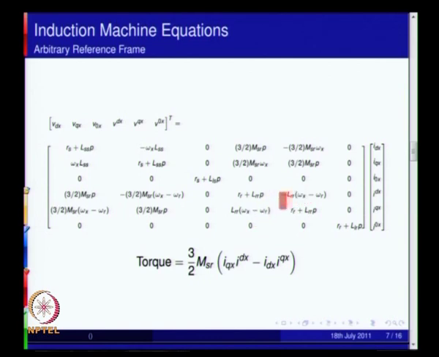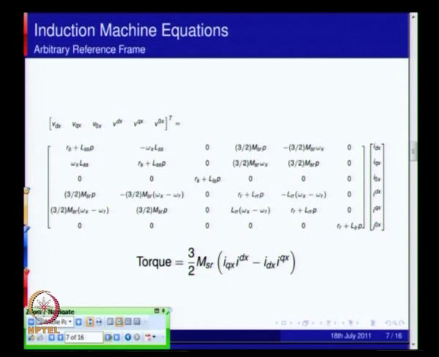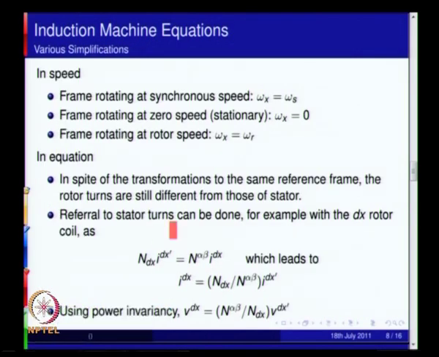Similarly, this speed EMF term would also become 0. On the other hand, these two will have speed EMF terms, because you are now moving the stator to a reference frame which is rotating at rotor speed. So in this manner then one can simplify these equations to look at it from any reference frame that you want.